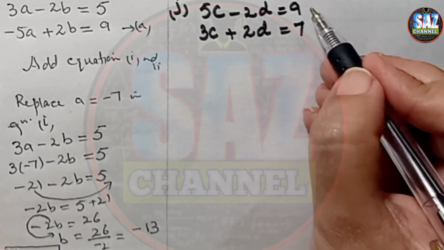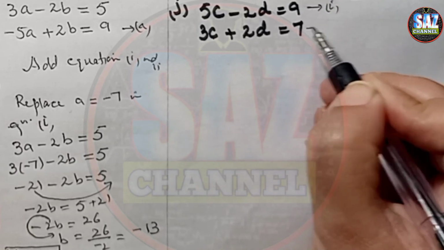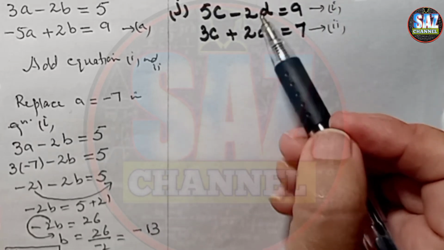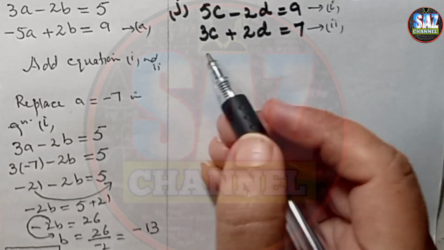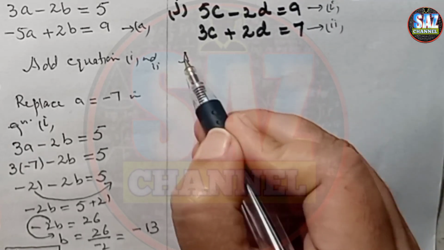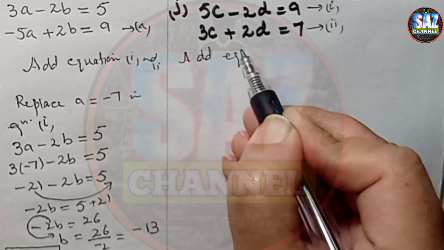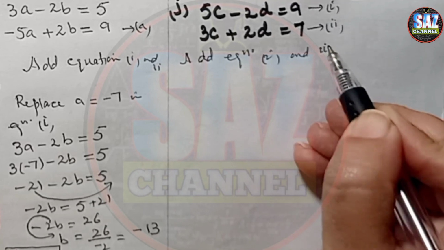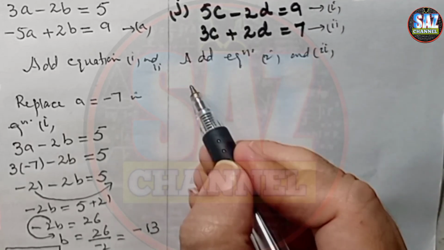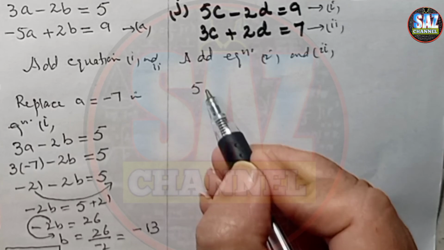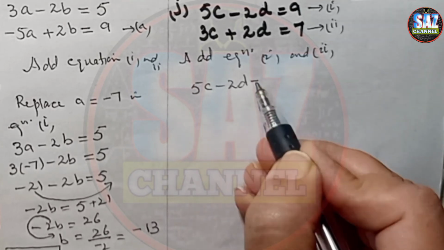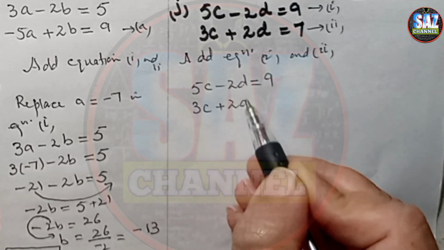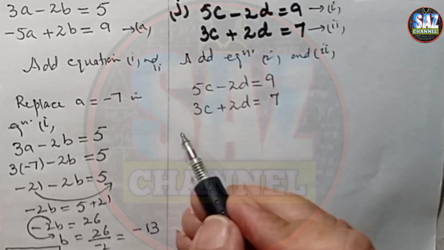First of all, I have to mark and give numbers to the given equations. And as d has the same coefficient with opposite signs, we are going to add equations 1 and 2 to remove one of the variables. So the equations take the form 5c minus 2d equals 9 and 3c plus 2d equals 7.